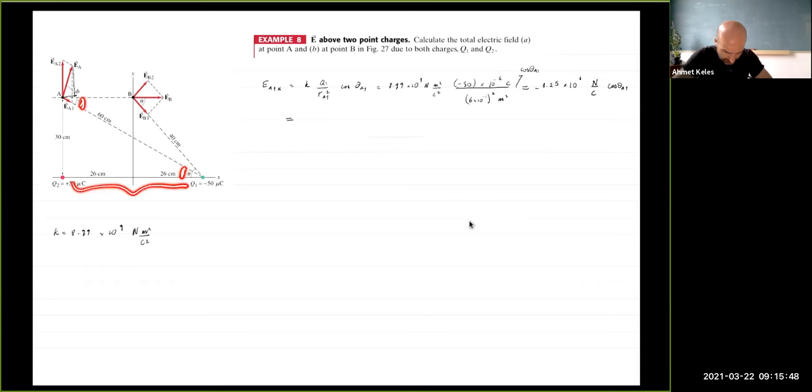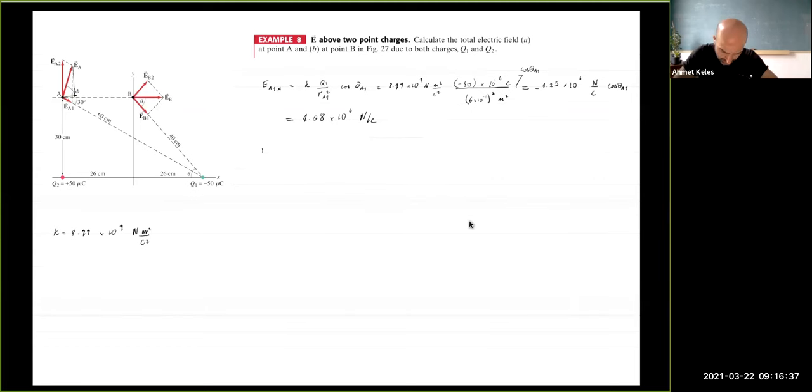This divided by this. So it's basically 1.08 times 10 to the 6 Newton per Coulomb.